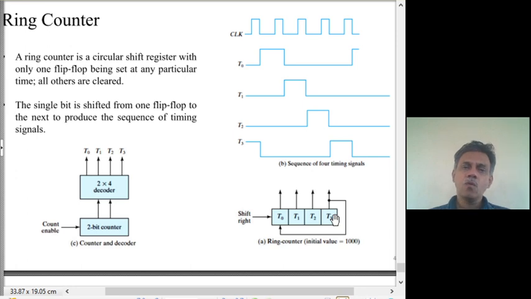Well, now before we proceed further, what is the utility of this kind of timing signal? One major utility is that this can be used to control the different steps that take place in a central processing unit, which forms the heart of a microprocessor.